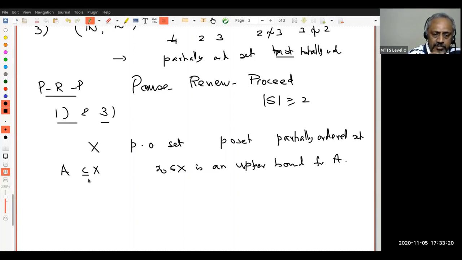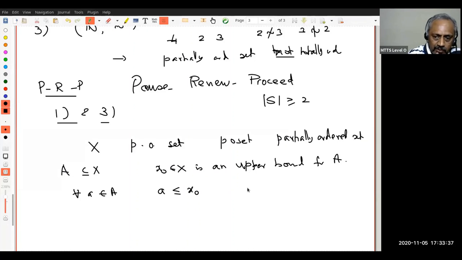If A is a subset of real numbers, when do I say x naught is an upper bound? It's exactly the same definition. That is, for every a in A, a must be less than or equal to x naught. Then I call x naught an upper bound.